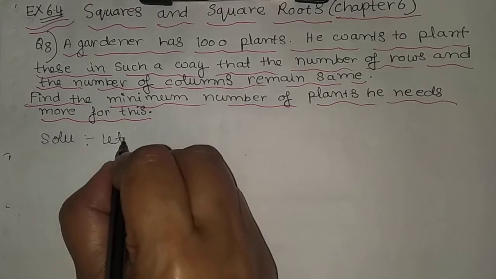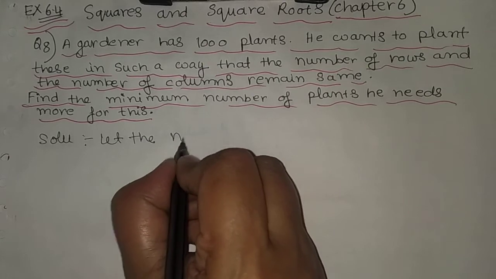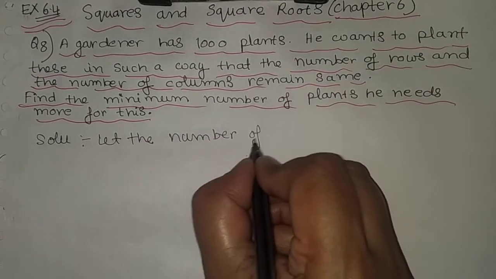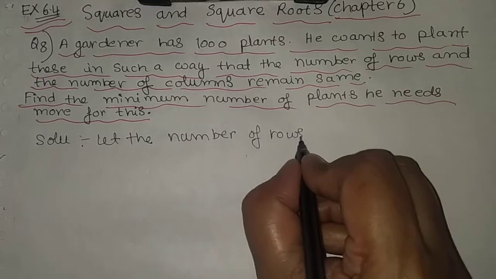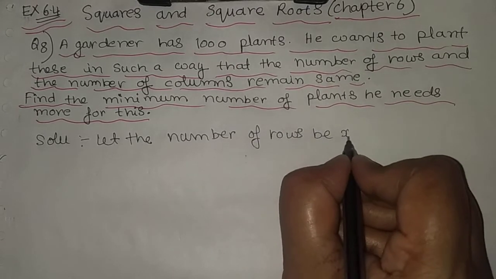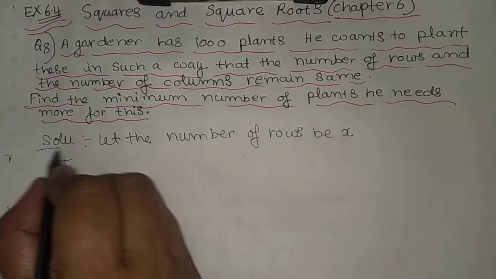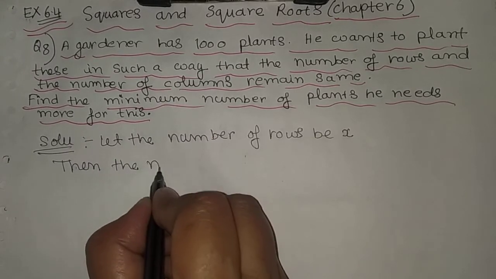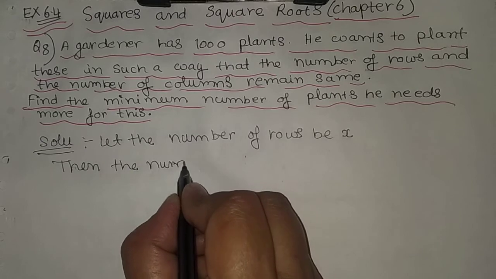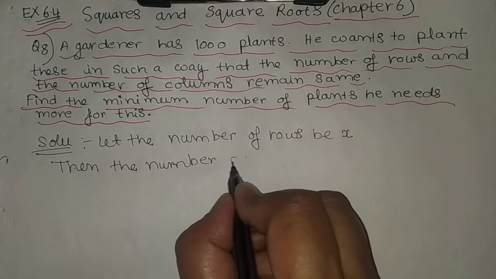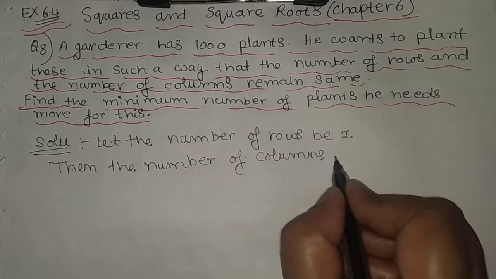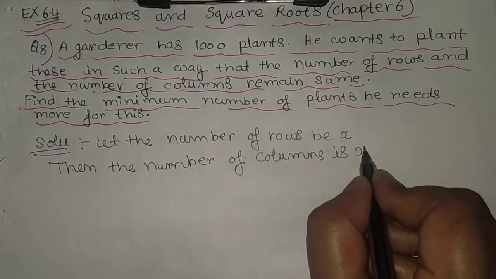First step, we write the number of rows in the garden. You can write the number of rows as just x. Then next step, the number of columns. Number of columns is also x.